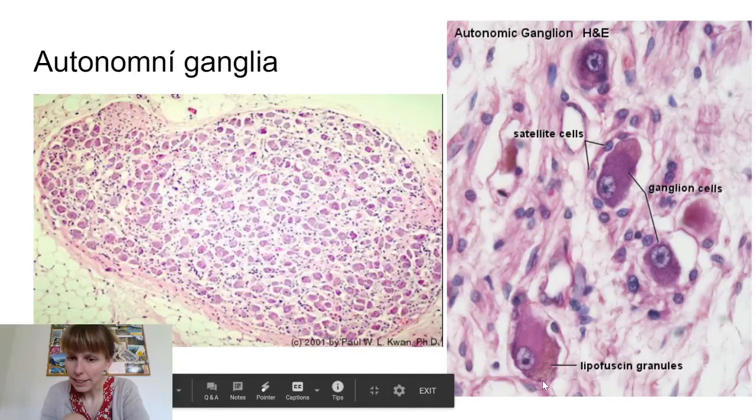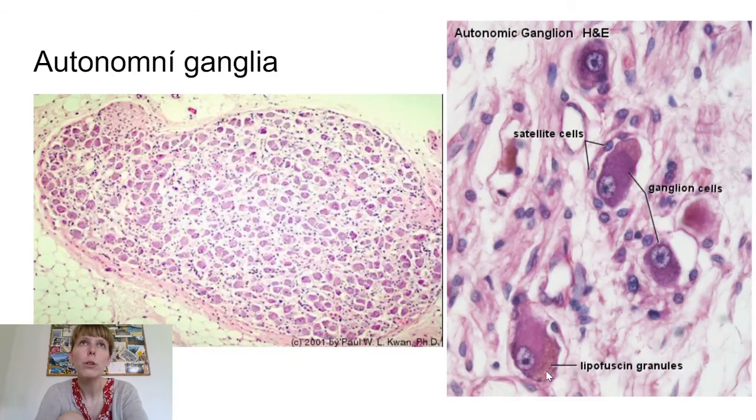And inside the cytoplasm, usually you will see something called lipofuscin. So it will be a brown, yellowish substance inside the cytoplasm, and this is something that's accumulating in cells that live for a long time.